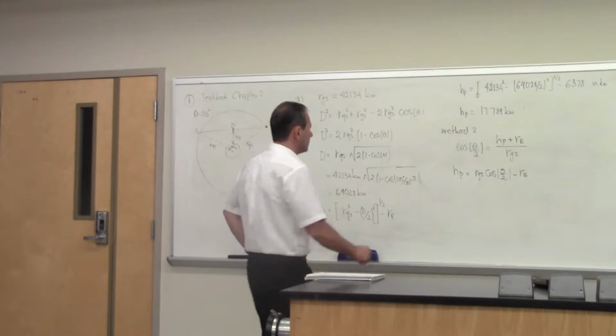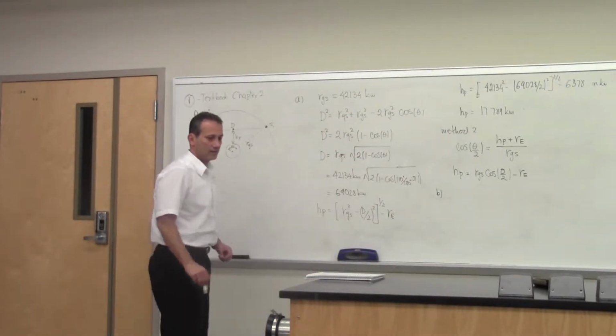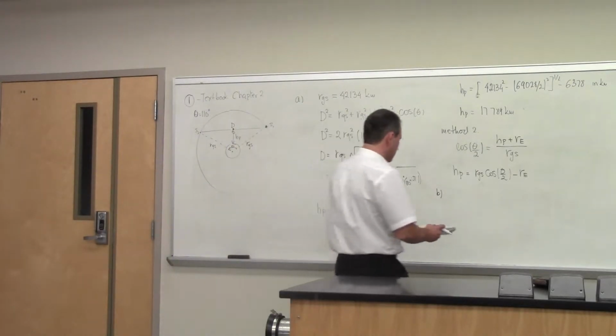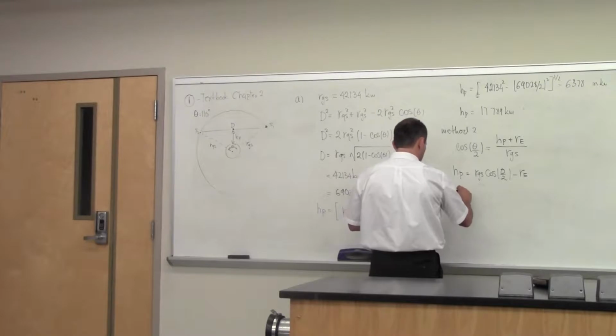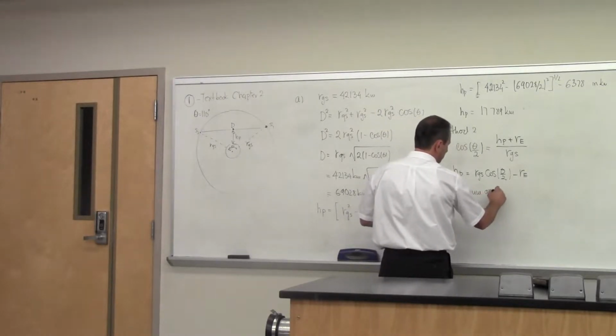The second thing is, what is the maximum separation between these two satellites so that they have line of sight, right? So maximum angular separation.